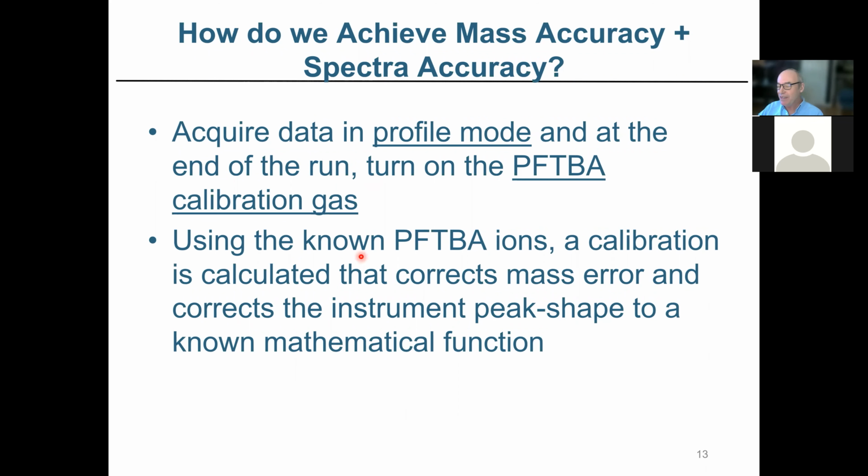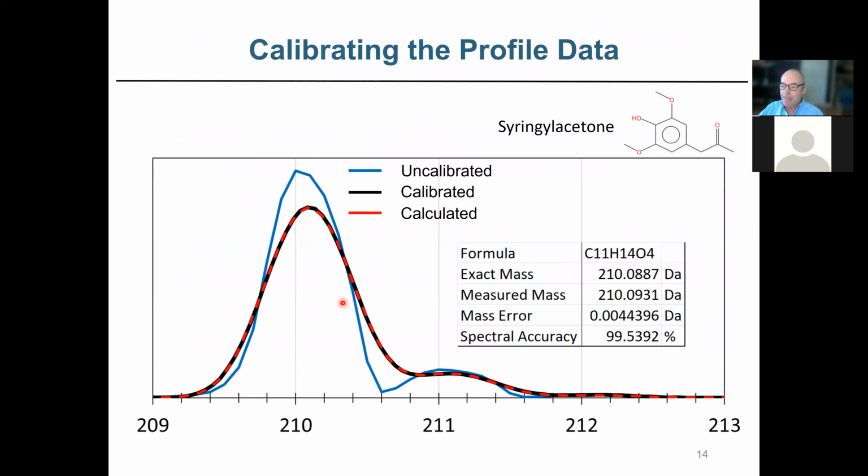Since we get a nice series of ions across the whole spectrum, we can use this to develop our calibration that corrects not only for mass error, but it also corrects what we call the instrument peak shape, the spectral peak shape, to a known mathematical function. This is really important because if we know the mathematical function of the peak shape, then we can easily compare it to calculated spectra using the same peak shape, just as I showed in the previous illustration.